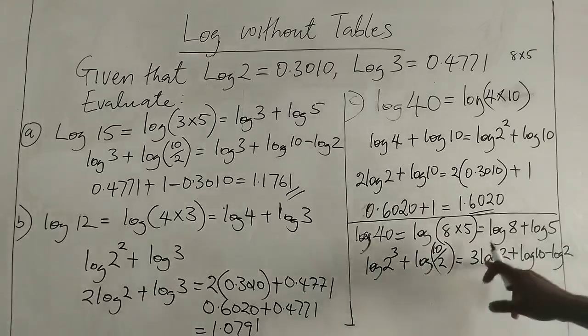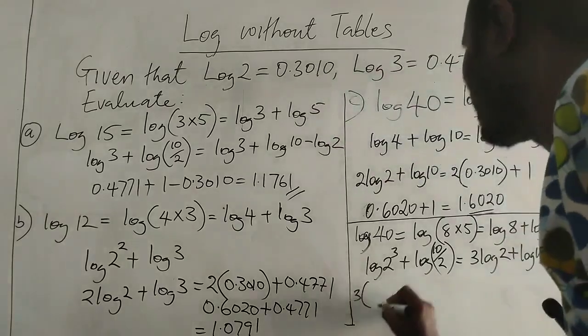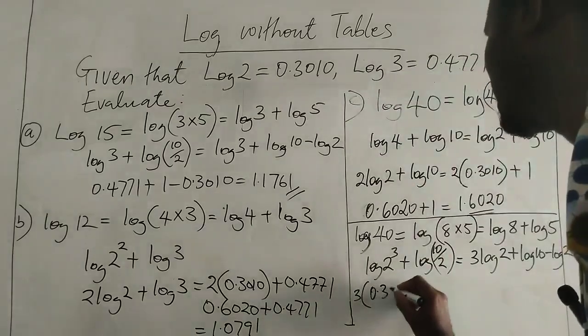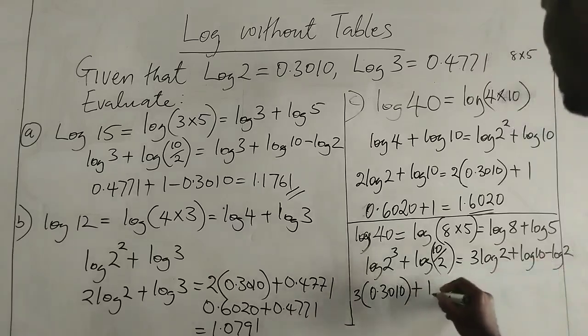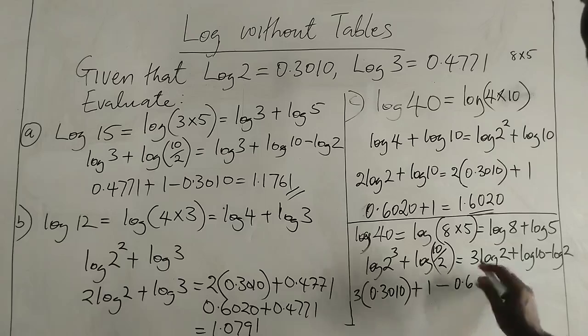Then, putting the values, we have 3 brackets, log 2 is 0.3010, plus log 10 is 1, minus log 2 is 0.3010.